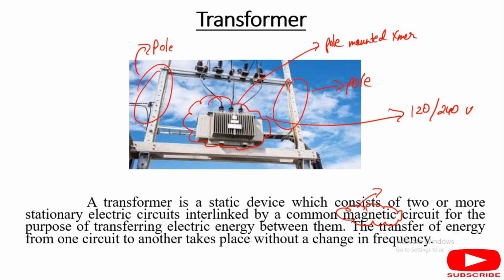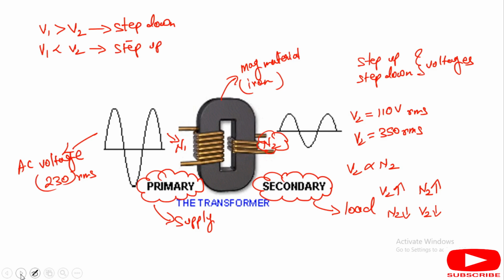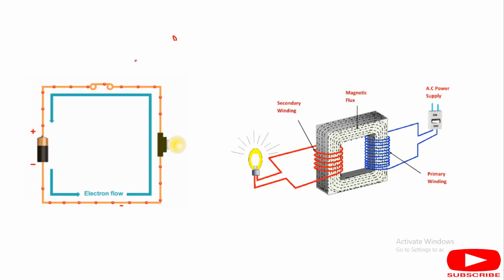Let us visualize what the meaning of magnetic circuit is, and we will try to understand the difference between the electric circuit and magnetic circuit. Now this is the electric circuit, and this figure is called a magnetic circuit.